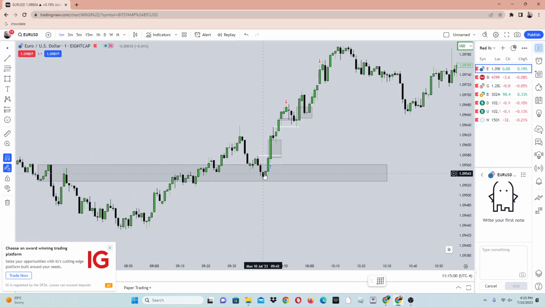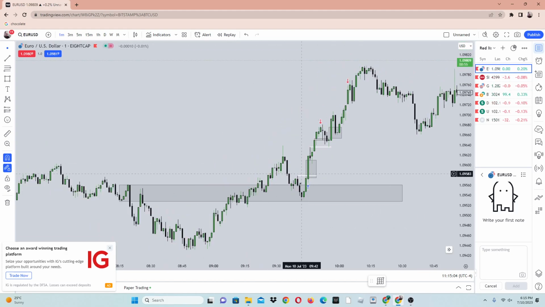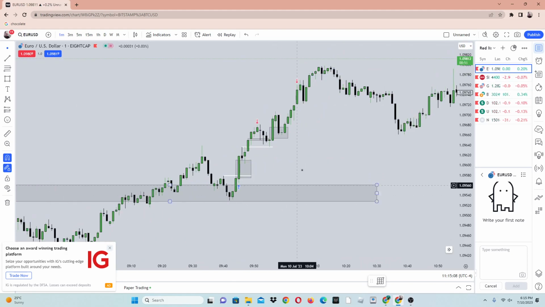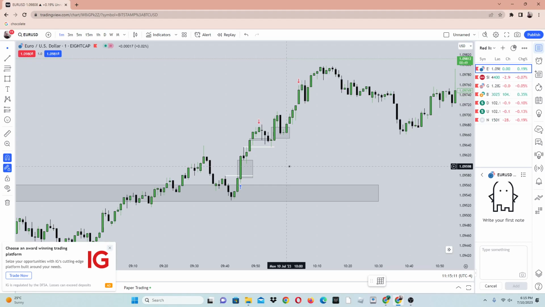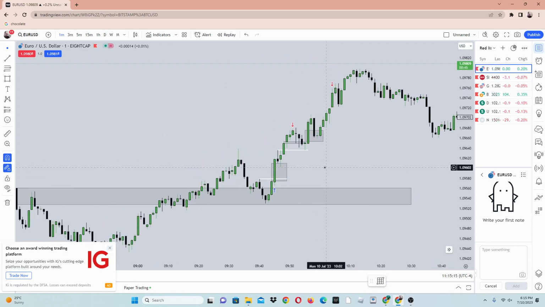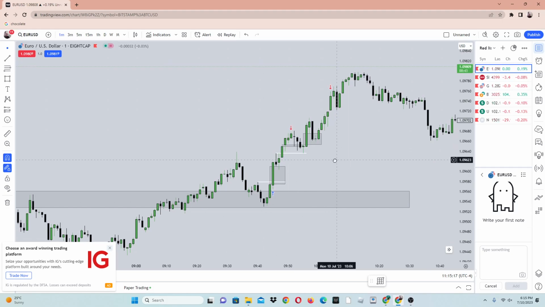Okay, so this would have been a better trade, but I was waiting for more confirmation, since I am new and I don't have a lot of experience in the market. I waited for confirmations and I entered the trade.